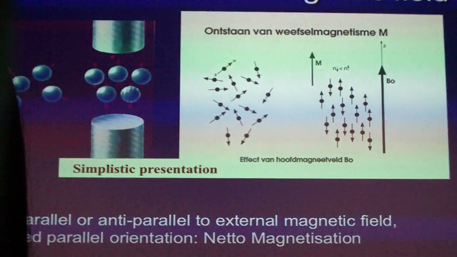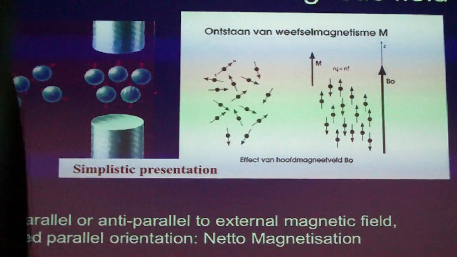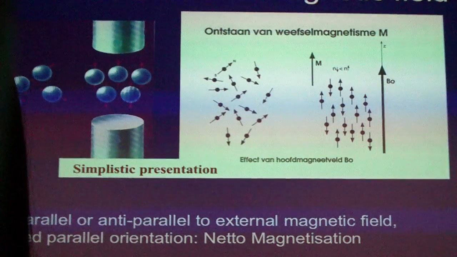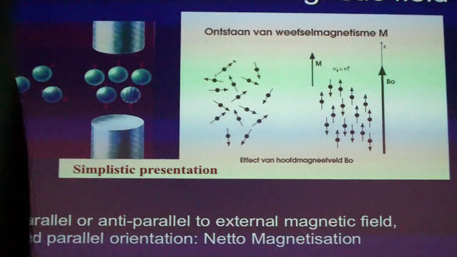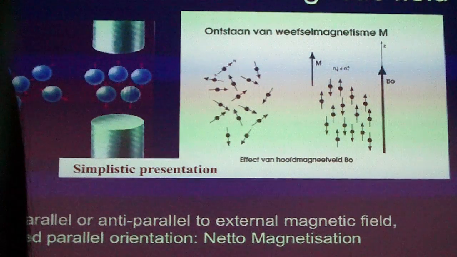So when you place these nuclei or spins in a magnetic field, you will get a little bit more alignment in one direction. So that means you get a net magnetization. This net magnetization is very small.